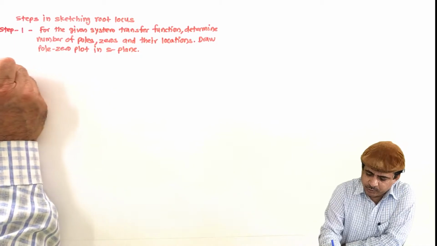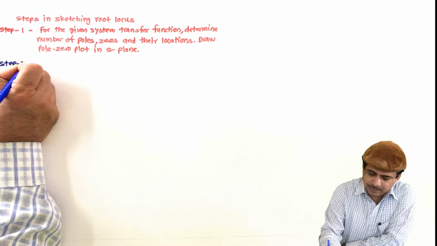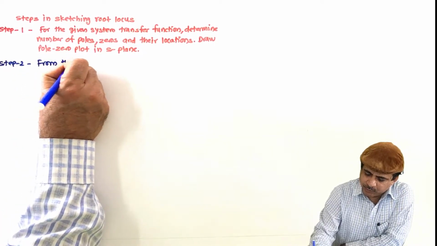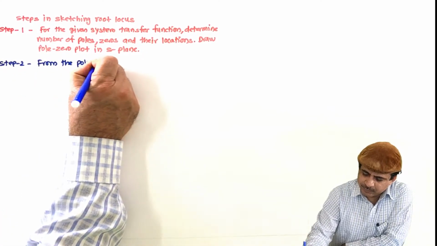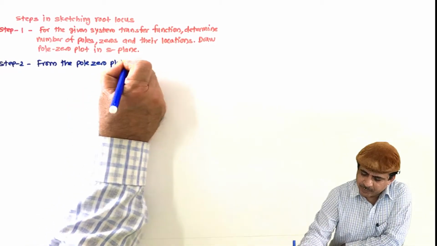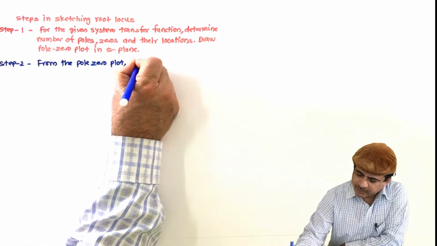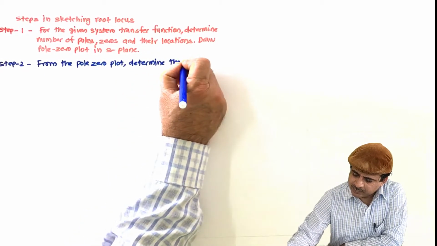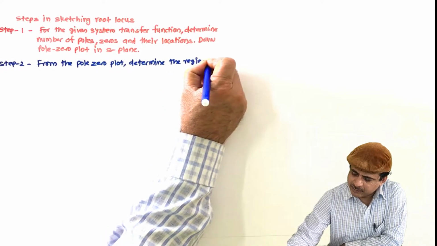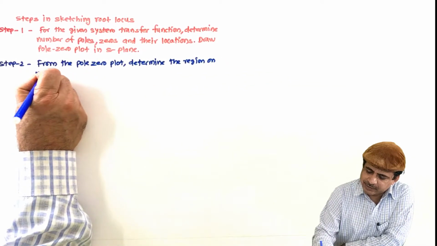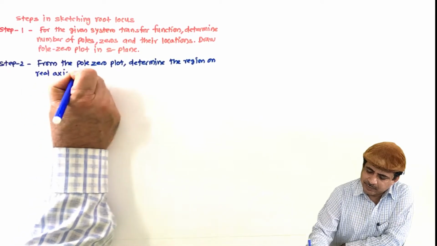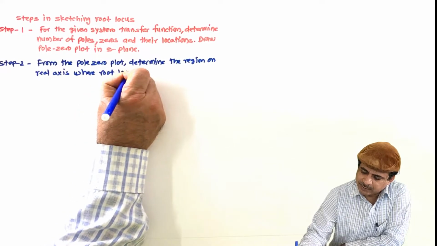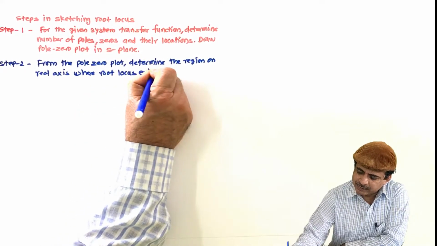Then step number 2 is: from the pole zero plot, determine the region on the real axis where root locus exists.